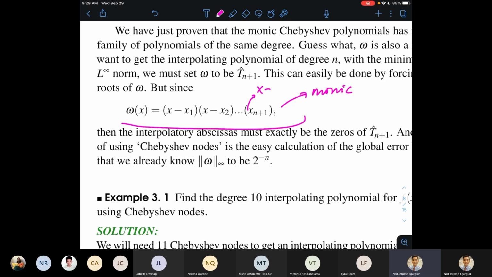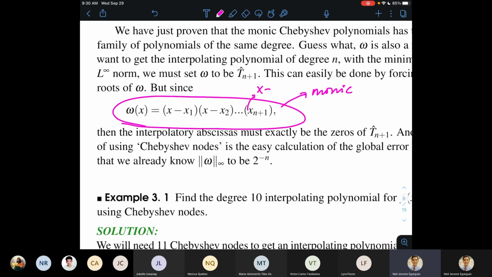So if I want to get the minimum L infinity norm for omega, kailangan yung omega dapat maging equal sa monic Chebyshev polynomial. Gusto ko si omega maging monic Chebyshev kasi yung monic Chebyshev siya yung may pinakamaliit na L infinity norm. But how do I make omega equal to the monic Chebyshev? I can force the issue that the roots of the monic Chebyshev polynomials are also the roots of omega.